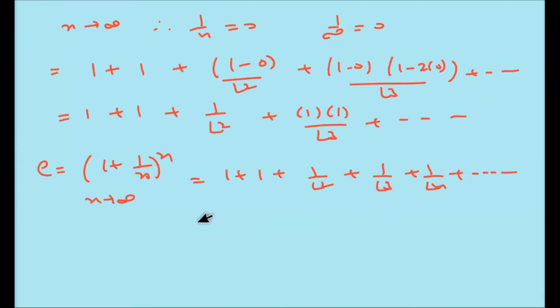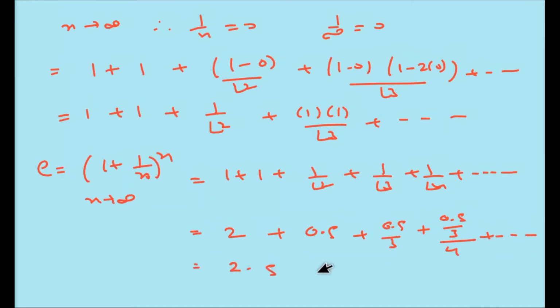If you solve, this is 1 plus 1, 2, and this is 0.5, and the next is 1/factorial 3, 1 divided by 6. It means you divide 0.5 by 3, and then 0.5 divided by 3 divided by 4. This way you can solve very easily.